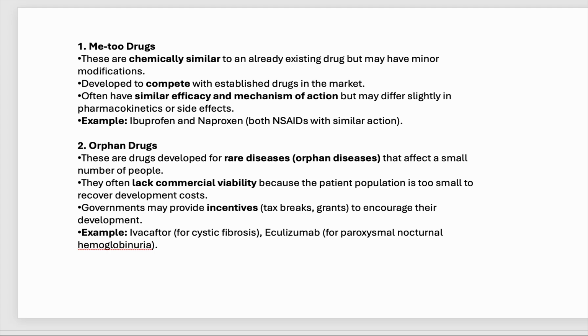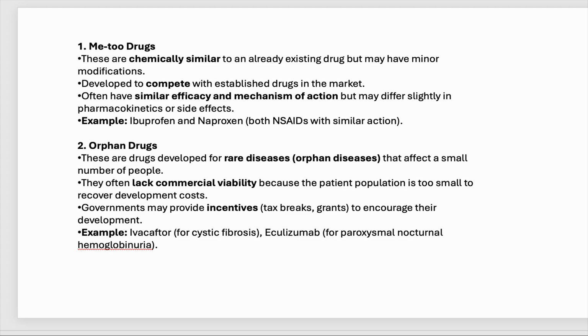Orphan drugs are drugs that are developed for rare diseases that affect a very small population. They often lack commercial viability, because these medicines are for rare diseases. Only a small population of humans is affected, so they are not really marketable, and companies don't really get benefits from them.